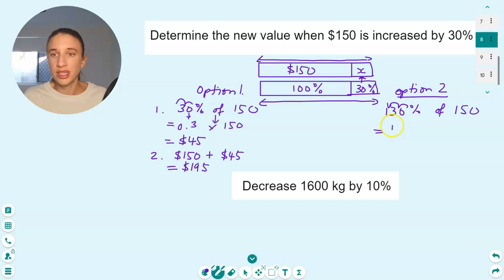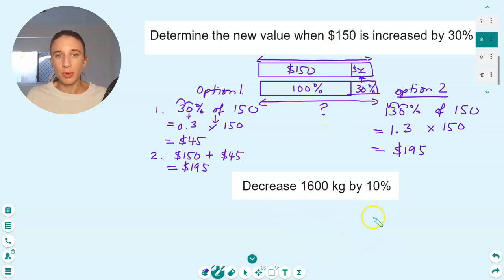Then convert to a decimal. Of means times. 1.3 times 150 is also 195. So do your percent bar, do your dollars bar, and that's the amount that you're finding, the total. So you can either work with dollars or percent.